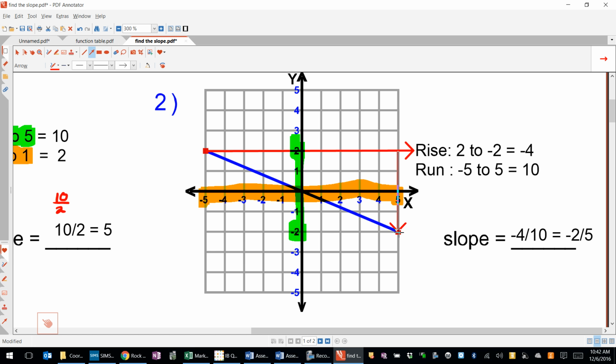So it's not up, it's down this time. My run is from -5 to 5, therefore 10. But my rise is actually a downward rise, from 2 down to -2, so I actually do -4. Now rise over run is then -4 over 10, which makes -2 over 5.